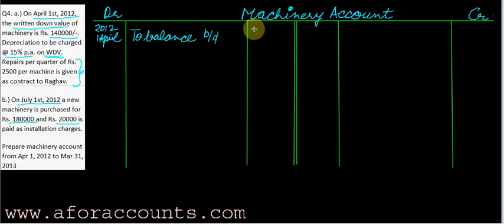Okay, how much? 1,40,000. By 31st March 2013, I have to charge depreciation on this machinery, by depreciation.